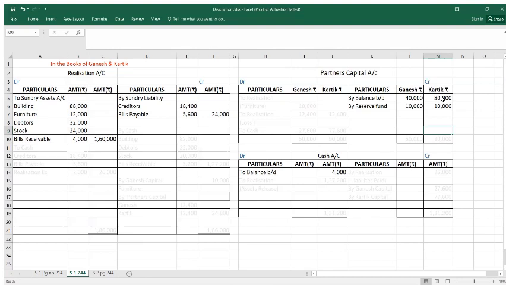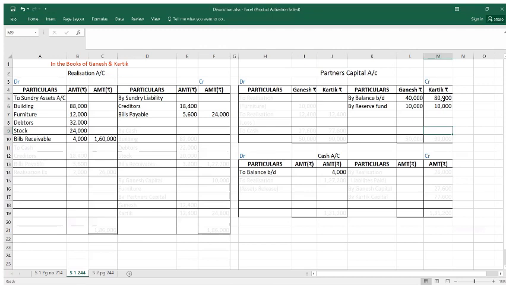Now the second stage is realization stage. In that, the assets and liabilities are released, means the assets are sold out, and from that you'll get the cash. So when the assets are sold, that time the journal entry will be cash or bank account debited to realization. Here the cash account is there.